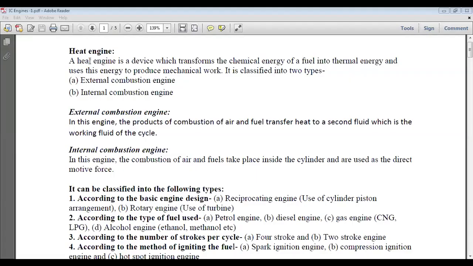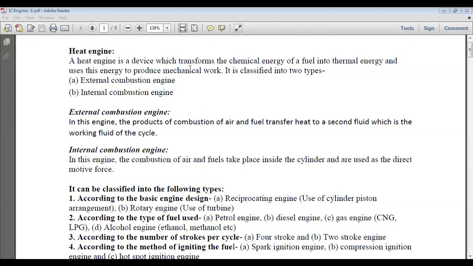So what is the definition of a heat engine? A heat engine is a device which transforms heat energy into mechanical work. As we have already seen in the working of the internal combustion engine, the chemical energy of fuel is used to produce thermal energy.